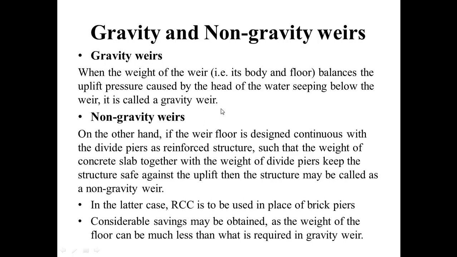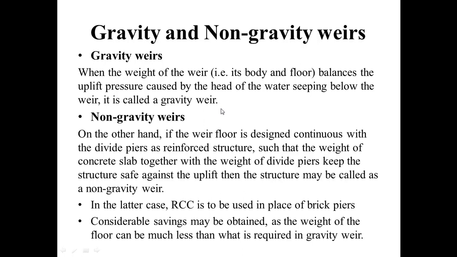In the case of a non-gravity weir, the structure is properly designed and constructed as a reinforced concrete structure to balance the uplift pressure of seeping water. So the structures which balance the uplift pressure by their RCC or properly designed structure are known as non-gravity weirs.